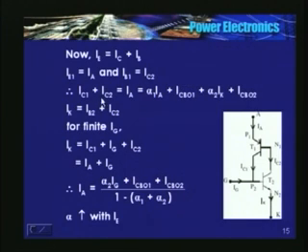Now substitute here. IC for transistor T1 is IC1 itself, and IB for T1 is IC2.